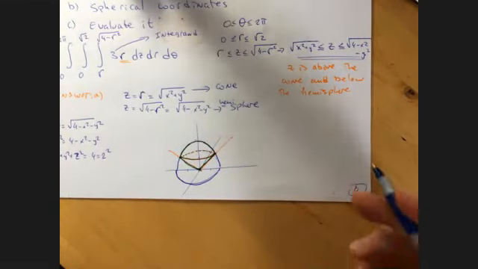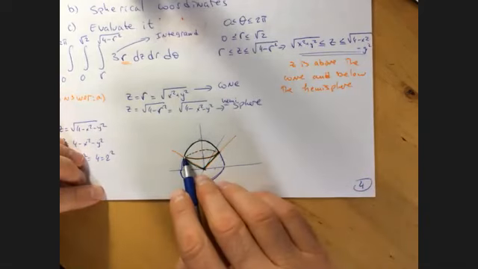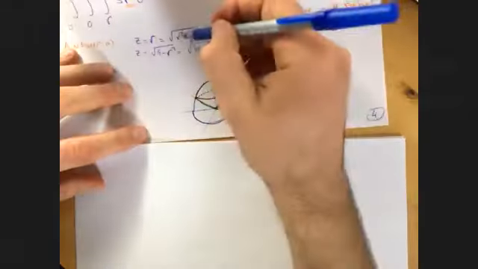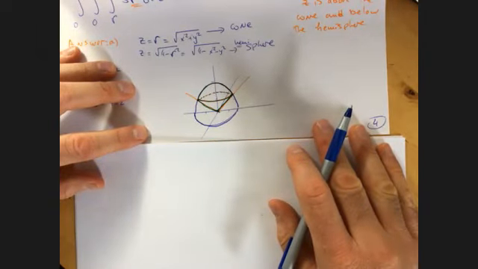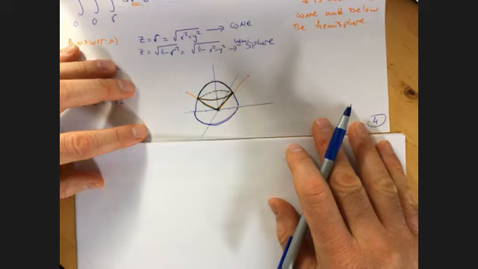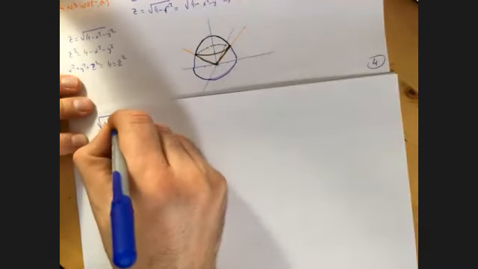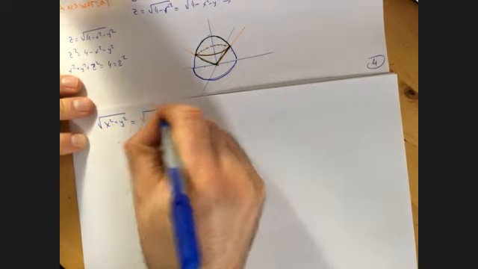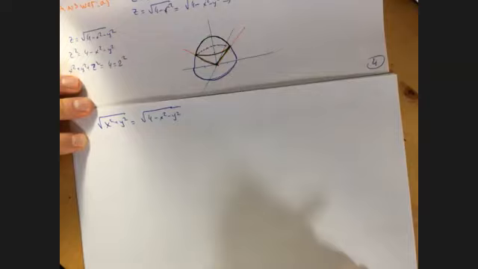So let us find the intersection between the cone and the hemisphere. How to do that? Well, all you have to do is put these two together and solve, to get rid of the square root, basically. So you have square root of x squared plus y squared is equal to square root of 4 minus x squared minus y squared, right?